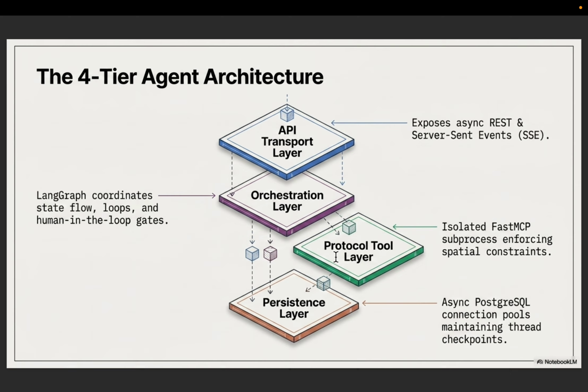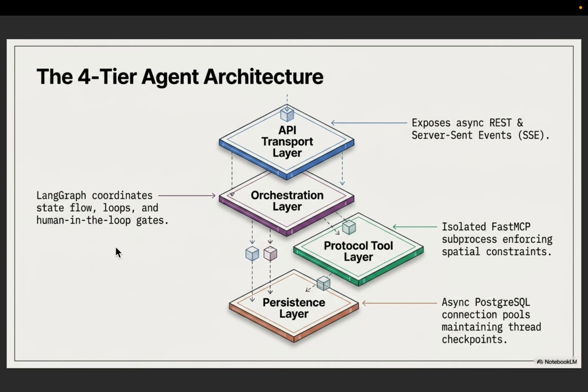So this is the 4-tier architecture. In the bottom layer, we're going to use Postgres connection pools, and above that is the protocol layer. This is going to run an isolated FastMCP subprocess, which is going to check for spatial constraints. Like previously, if you imagine, we had this validation tool, so that is only what I'm going to use in this protocol tool layer.